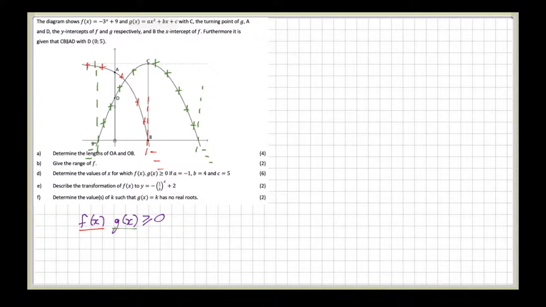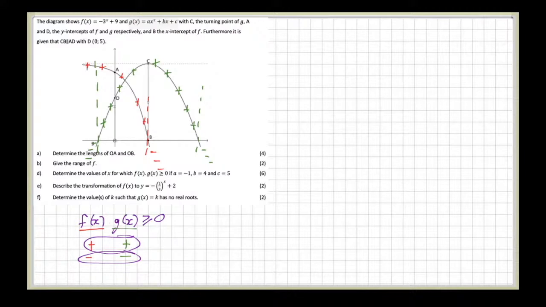Okay. So now I'm going to quickly ask myself, how do I get a positive answer? Well, I could have a positive times a positive or a negative times a negative. So I'm going to look at where I have a positive and a positive at the same time, or a negative and a negative at the same time.